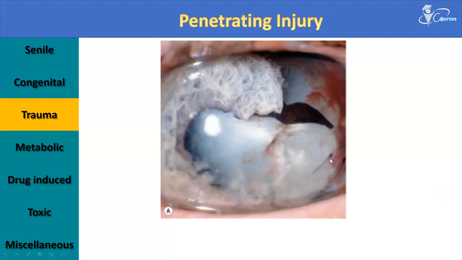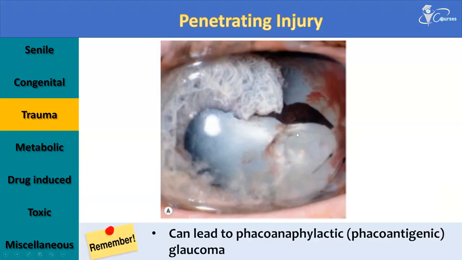Another form of penetrating injury is, you see this? What is this? There is a penetrating trauma resulting in rupture of the anterior capsule, and there is leakage of lens, or exposure of the lens into the anterior chamber and posterior chamber.